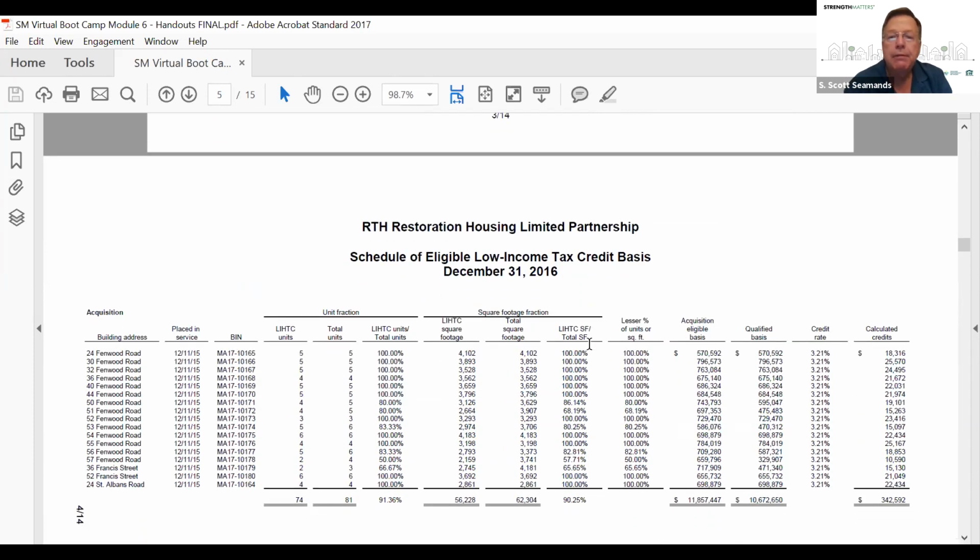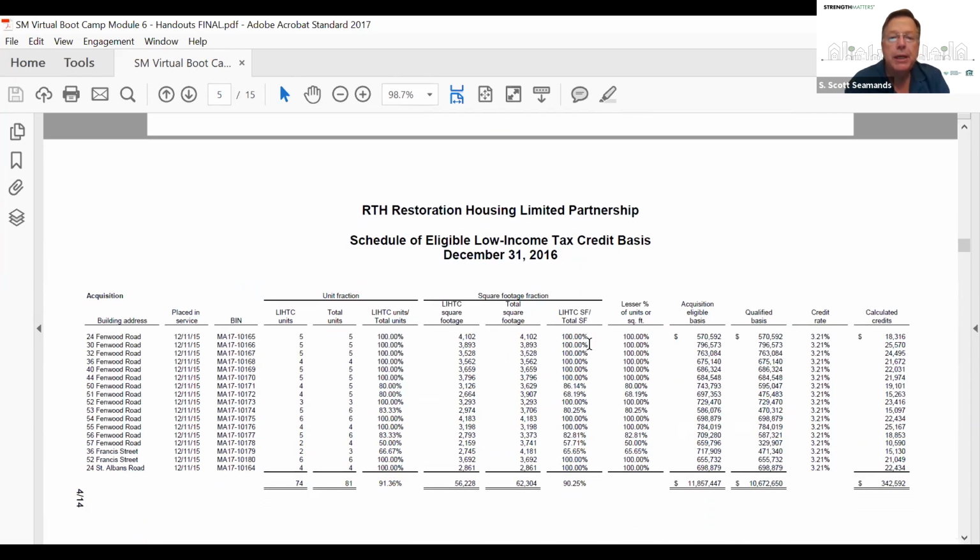So behind that, we have a schedule that breaks down the calculation that we were seeing before, building by building. So it's actually based on BIN numbers, building identification numbers, which every building will have. And because buildings have different addresses, in this case, you'll see each building with a unique address.